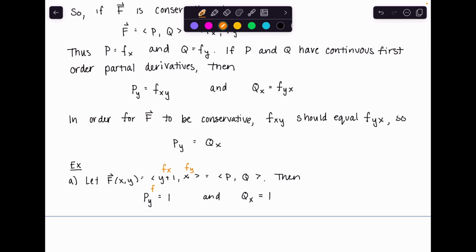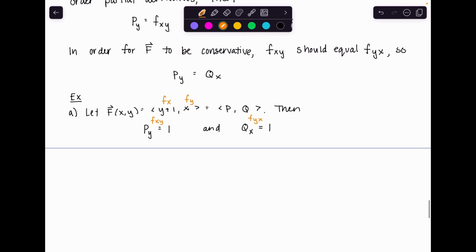This again is representing this partial. This is representing this partial. The mixed partials are the same, so this vector field is conservative.